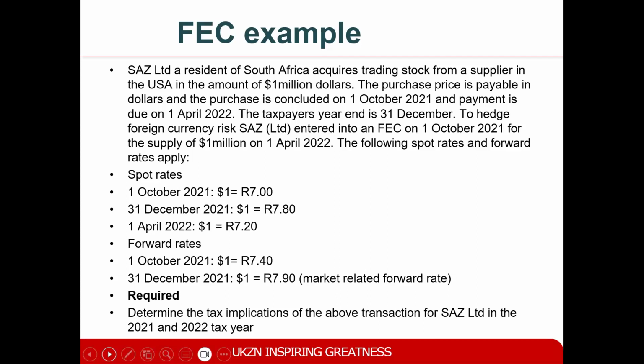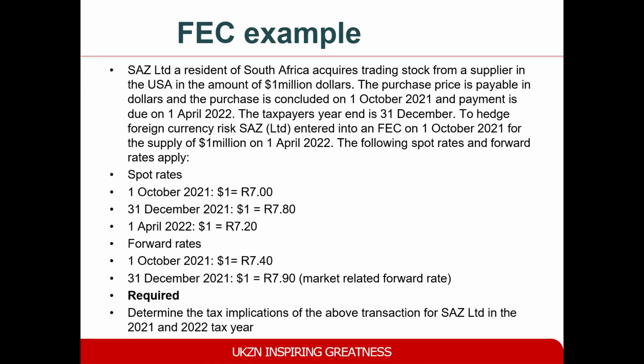But then the bank is saying, I'm going to supply you with $1 million by 1st of April at 7 rand 40. Where do I get that? You've got the dates here. So we've got the spot rate at transaction date, which is 7 rand. The spot rate at translation date, which is 7.80. There's the spot rate at realization date, which is 7.20. We've got now the contract. They went on and bought the contract.